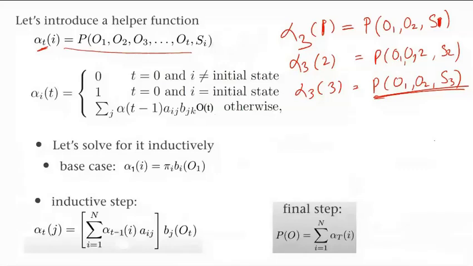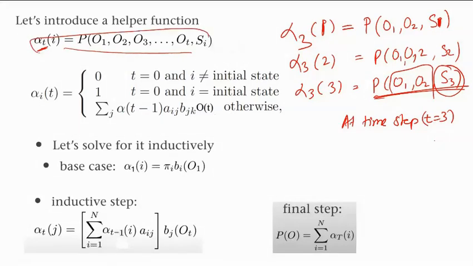At time step T equal to 3, what is the probability that I stand at state S3 and I have seen these symbols O1, O2? This is the calculation of alpha.